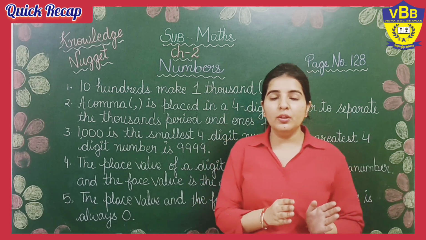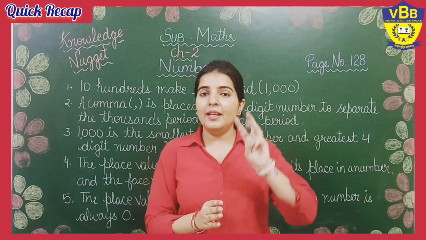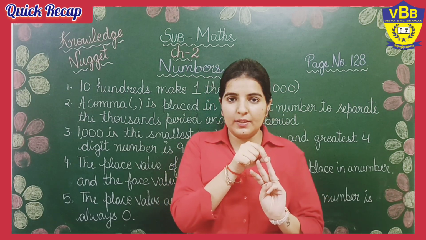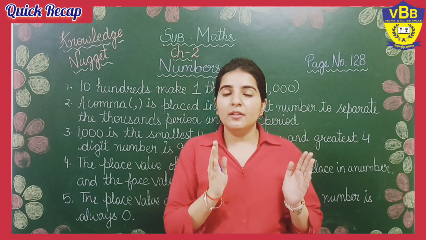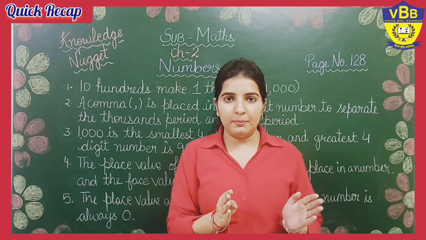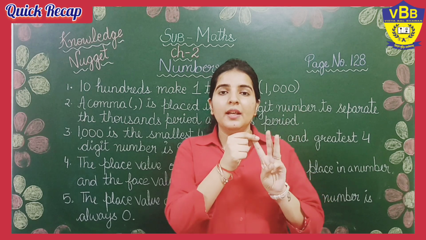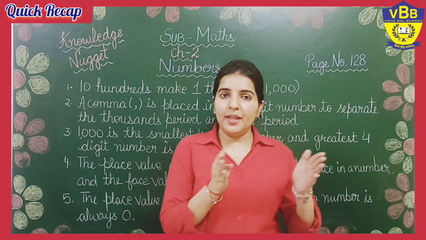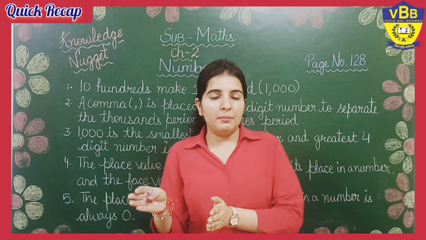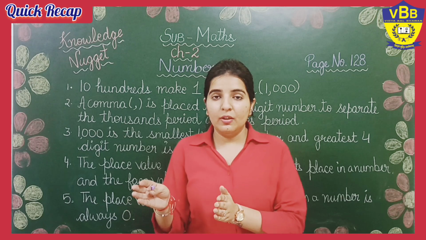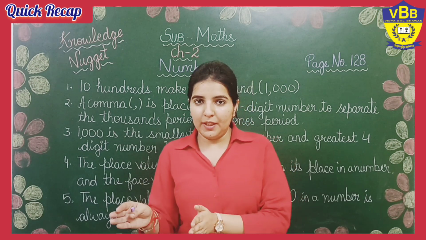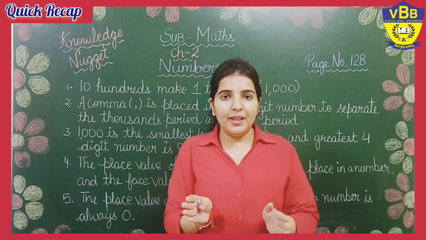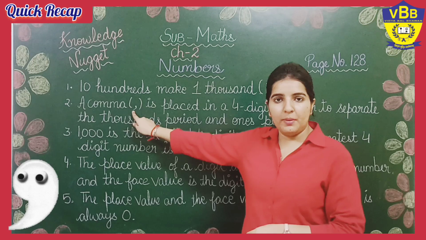I have already told you that in a ones family there are 3 members: hundreds, tens and ones. Repeat with me. In ones period, in ones family, there are 3 members: hundreds, tens and ones. So we separate them from a new family member, that is thousands. So 1000 is a separate period and ones is a separate period. So to separate them, we use a comma.